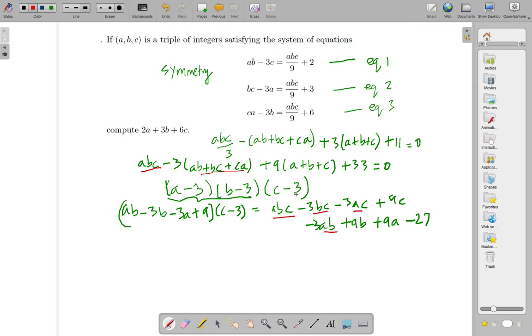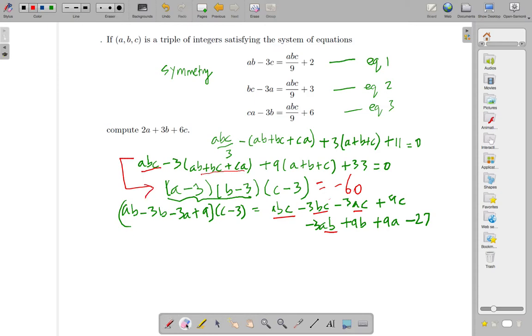If I have to get plus 33, I have to make it minus 33, so this is going to be negative 60. So this equation and this equation are the same.